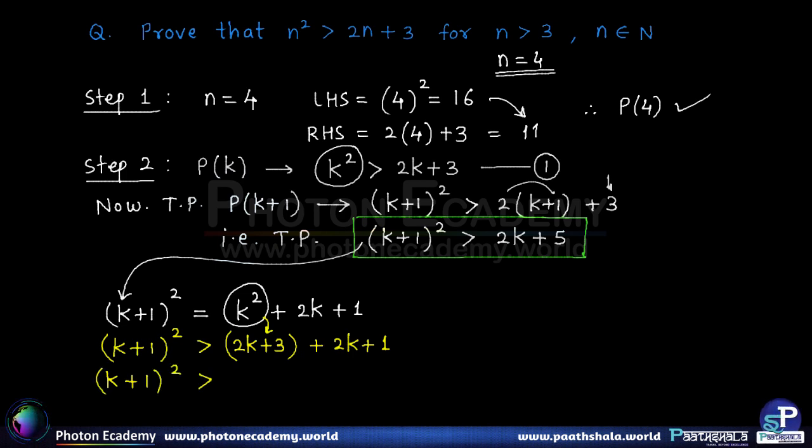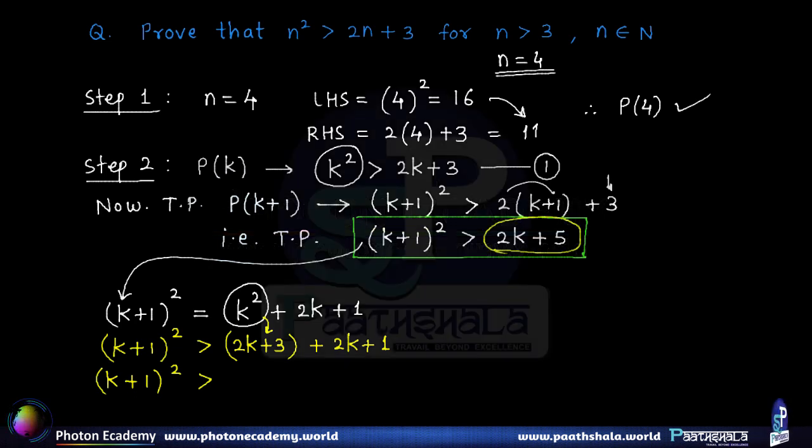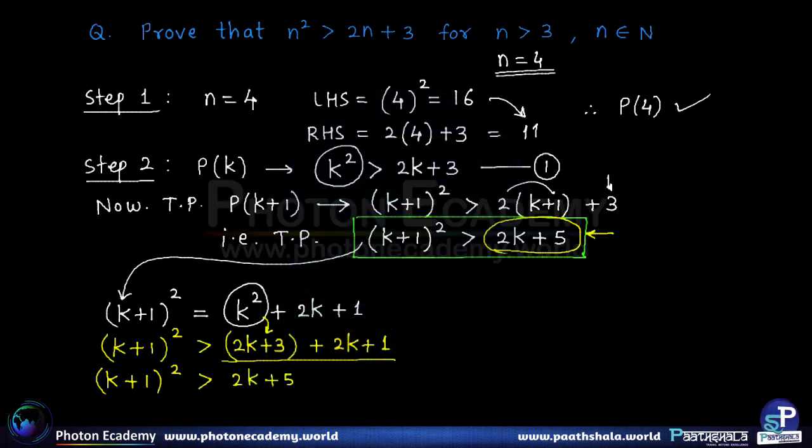Now let us look at the right hand side that we have to adjust in the inequality to be proven. Now here we have to show that the right hand side has to be 2k plus 5. So therefore from the expression that we have obtained at the last step here, we extract 2k plus 5, that is we express it as 2k plus 5 plus, see, the remaining 2k will come as it is, and we had the constants as 3 plus 1, that is 4, so we must subtract 1.